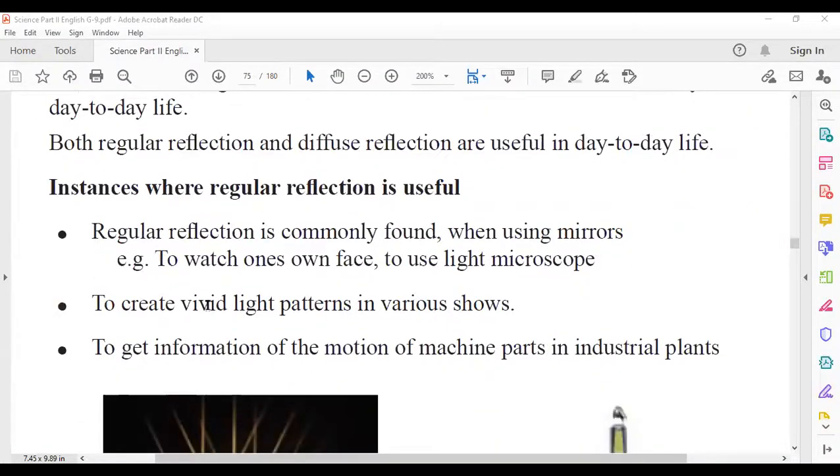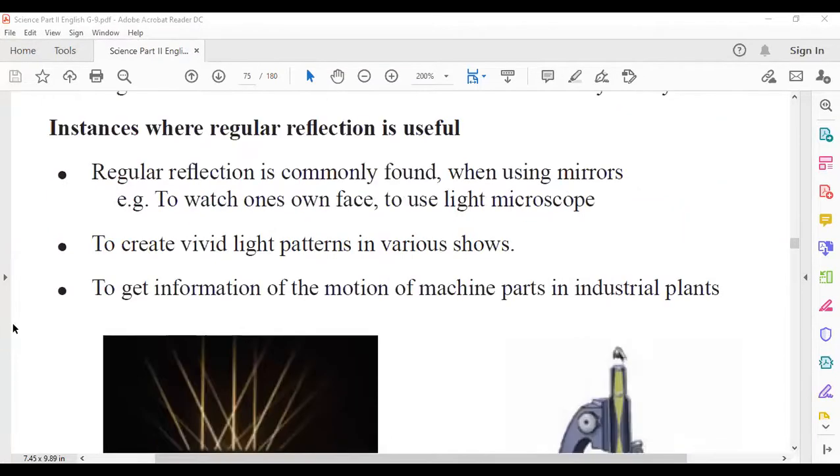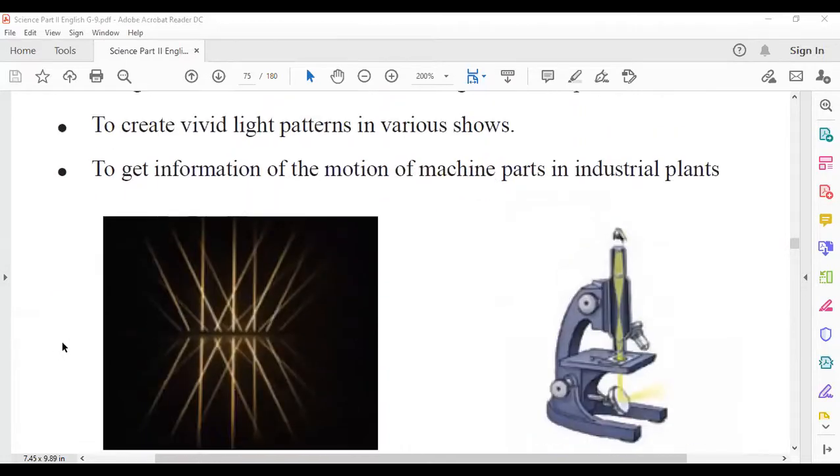Good. So your textbook says, instances where regular reflection is useful. Regular reflection is commonly found when using mirrors: to watch one's own face, to use a light microscope, to create vivid light patterns, and to get information on the motion of machine parts in industrial plants.